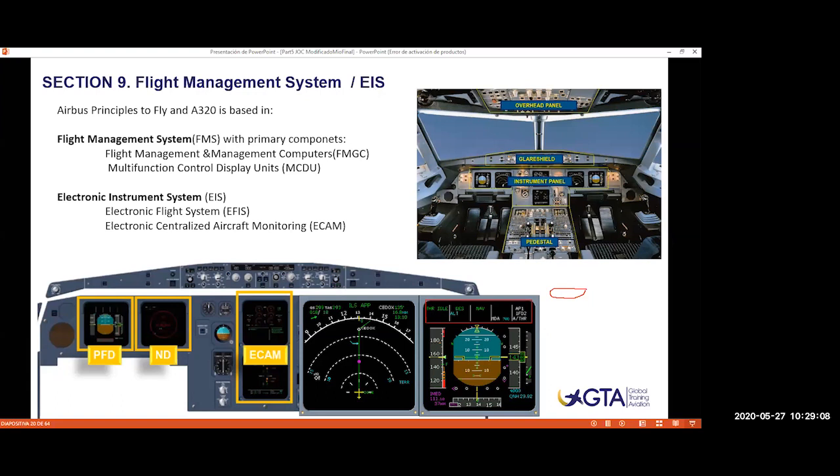There are two main principles of this aircraft that are different from the rest. Here you can see the cockpit of the Airbus and how it is designed. Here is what the pilot will see, and we are going to explain system by system these two main systems that are different from the rest of the aircraft.